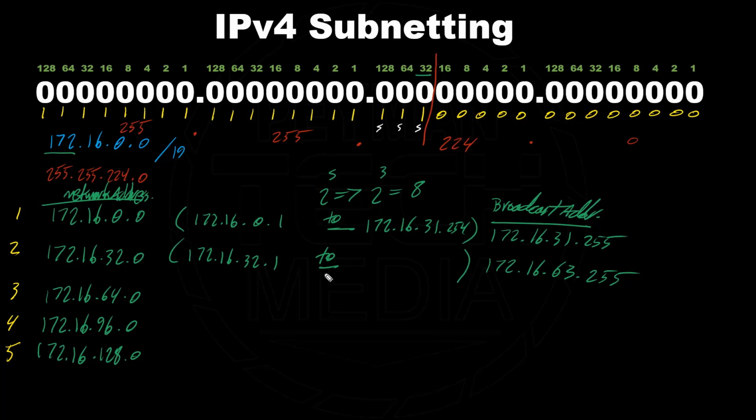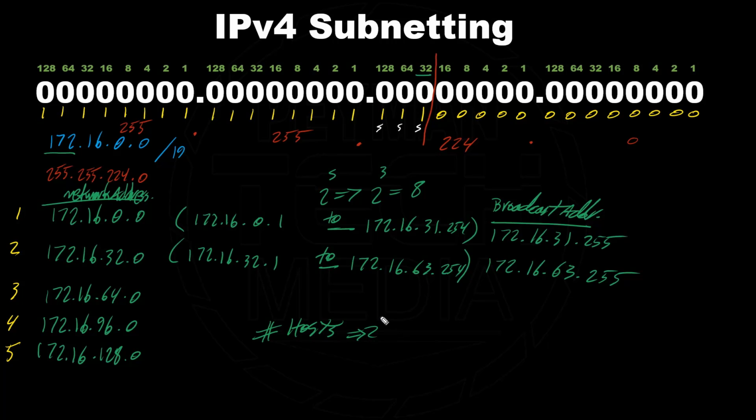And it goes to the last available IP address, which is one less than the broadcast address, and it is 172.16.63.254.